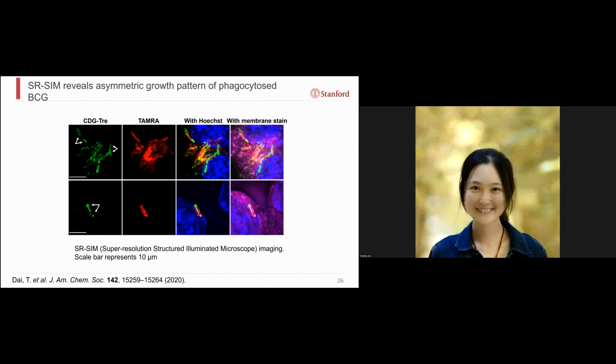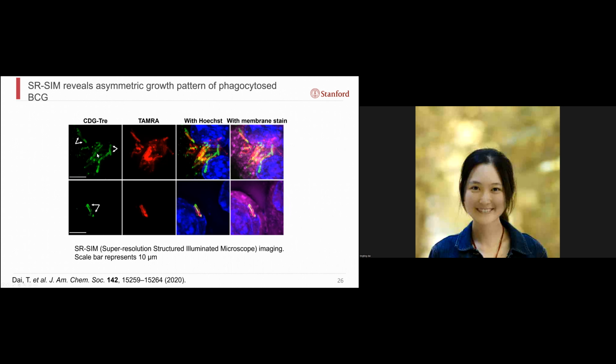And this is considered to be a unique niche for the bacteria to survive in the macrophages because of the uneven division and the inheritance of this material. So they could have different fighting strategies to survive in the macrophages.